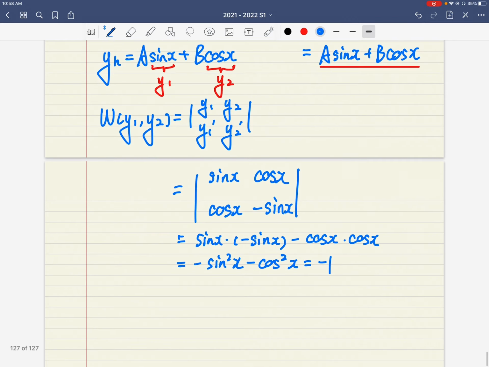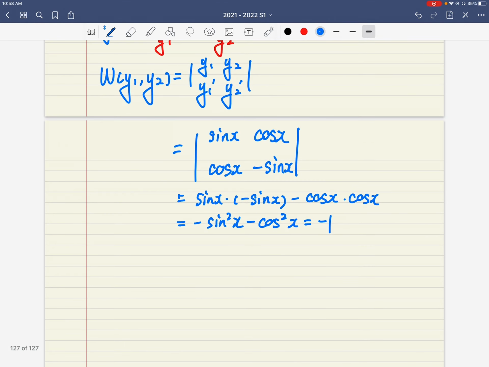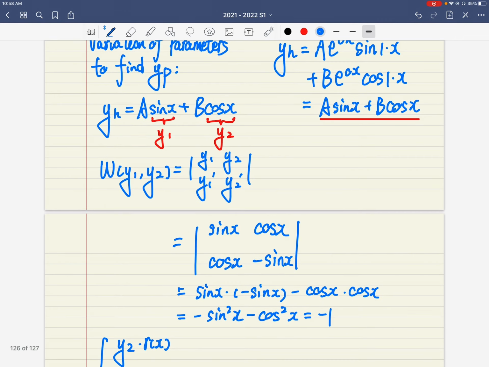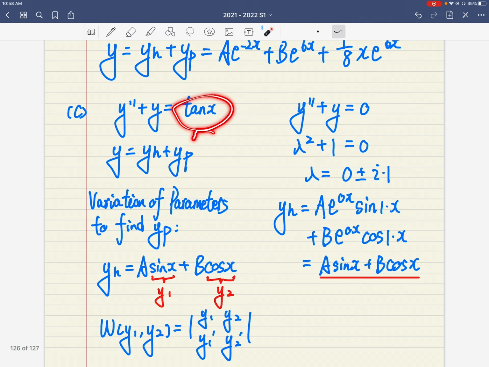Now we can get the particular solution. Before that, we still have to do two things. First, the integration of y2 times r(x) over W. y2 we know is cosine x. So what exactly is r(x)? It is the right-hand side, the tangent x in this non-homogeneous second-order ODE.